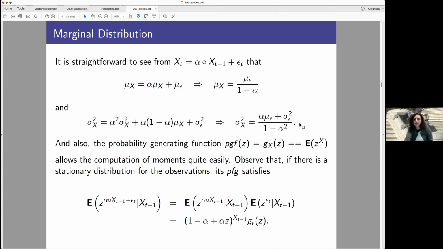The probability generating function allows us to compute the moments easily. So if there is a stationary distribution for the observations, then the probability generating function satisfies, well, this is the probability generating function of the binomial multiplied by the probability generating function of the innovations.